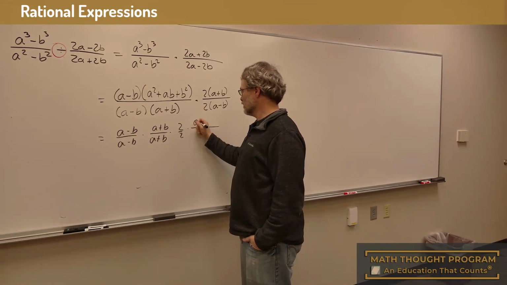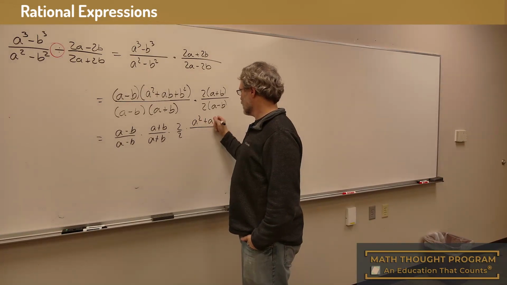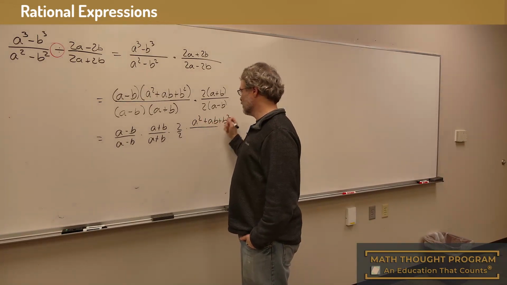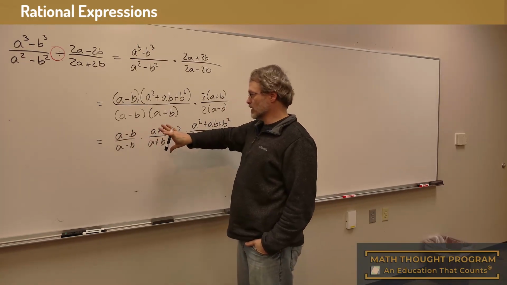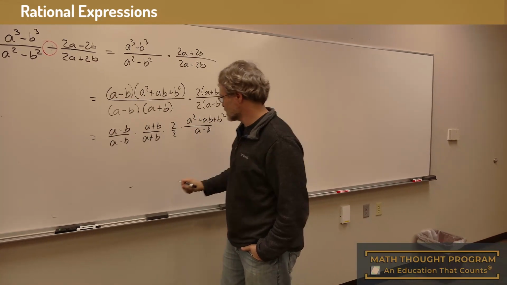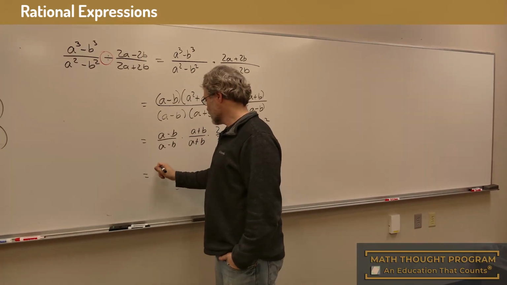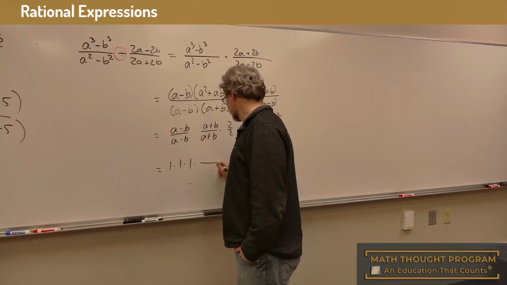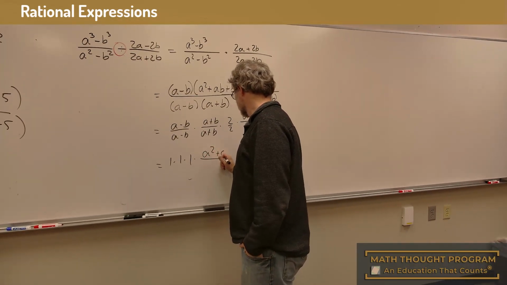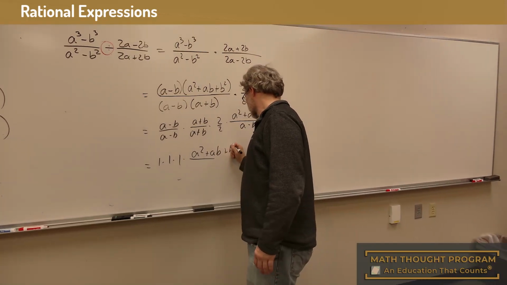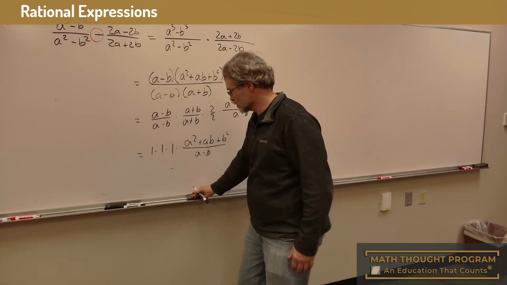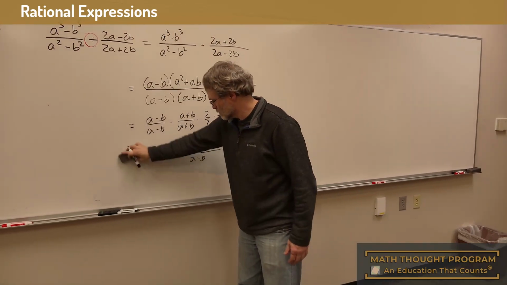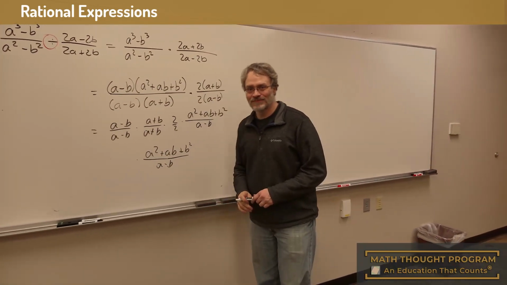And what I'm left with is an A squared, AB, B squared over A minus B. And of course, this will divide out to 1, as well as this piece and this piece. So in the very, very end, there's our answer.